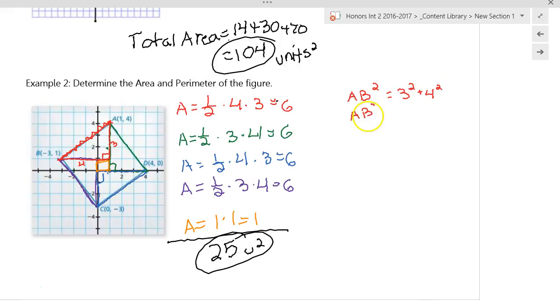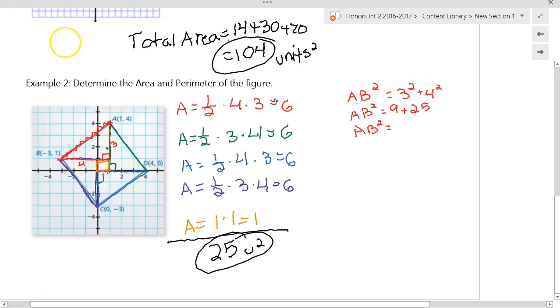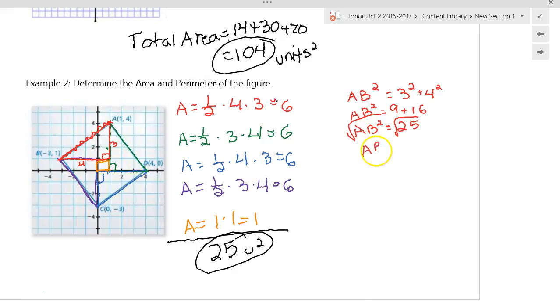So AB squared equals 9 plus 16, which is 25. I'm going to take the square root of both sides. So AB is 5. So this is 5.